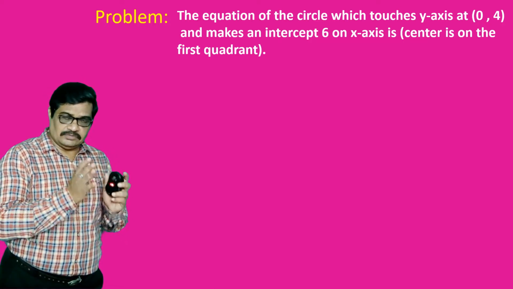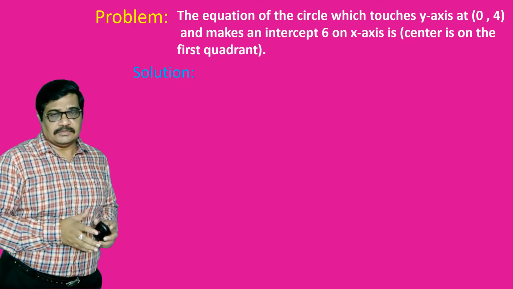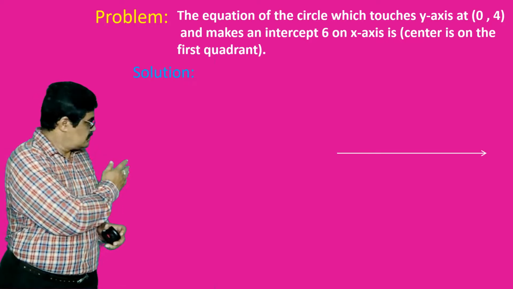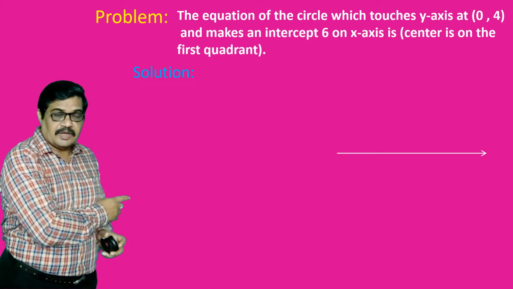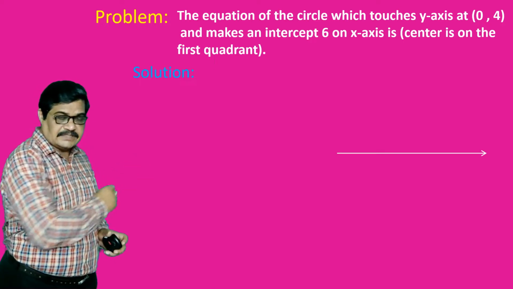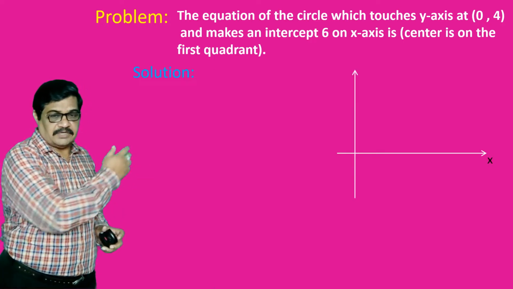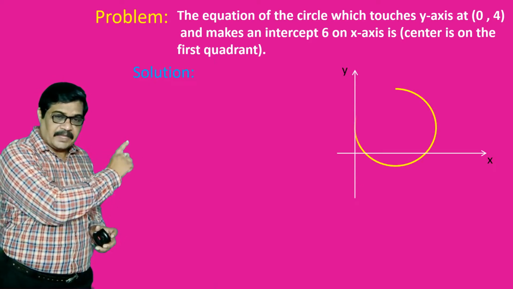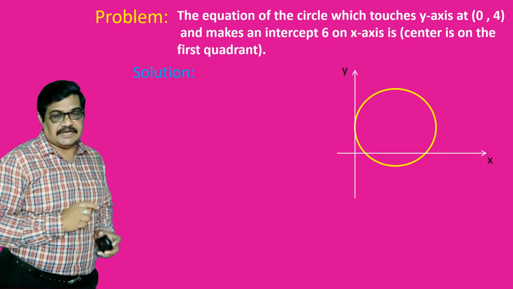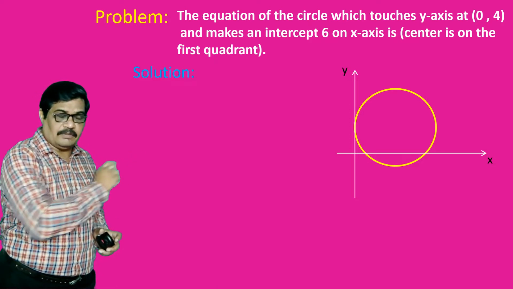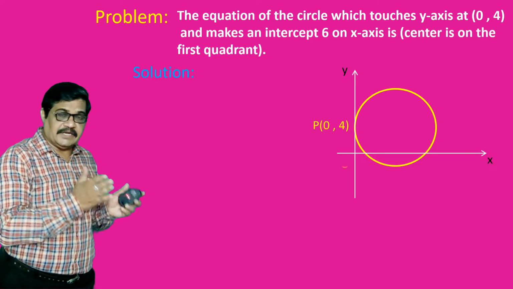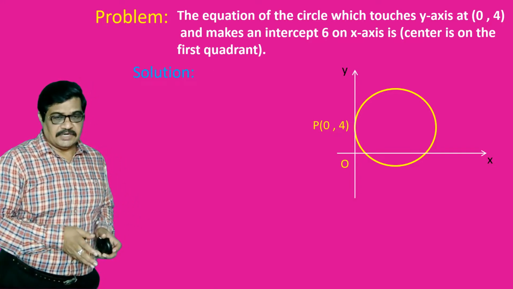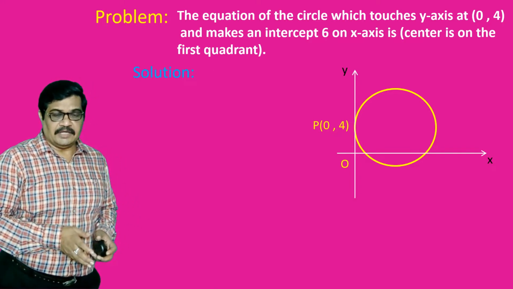First we have to see the diagram. Look at this diagram. This is the x-axis and this is the y-axis. Now this is our circle which touches the y-axis at P (0, 4) and makes an intercept of 6 units on the x-axis. That intercept we have taken as AB.